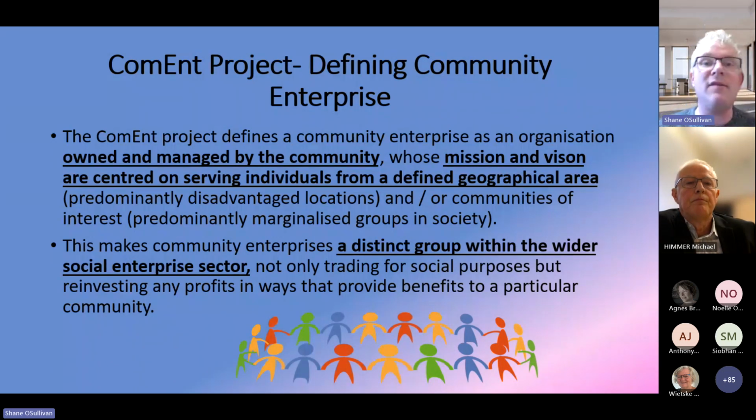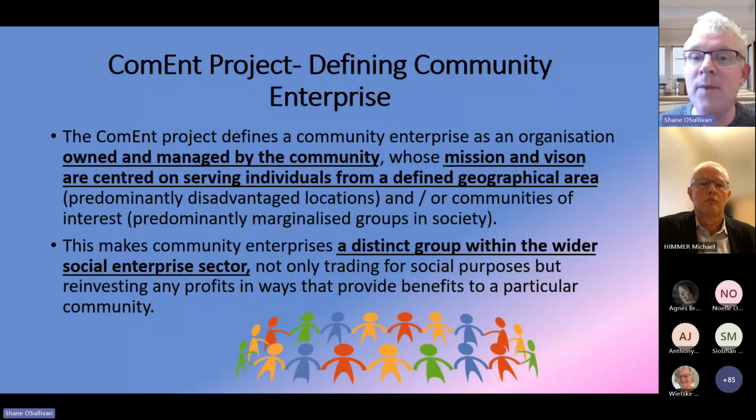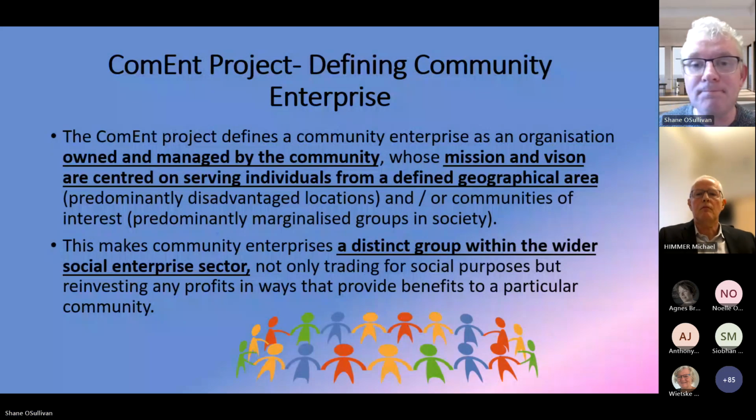These are predominantly disadvantaged locations, and it can also include communities of interest, i.e. working with marginalized groups in society. This makes community enterprises a distinct group within the wider social enterprise sector, not only trading for social purposes, but reinvesting any profits in ways that provide benefits to a particular community.